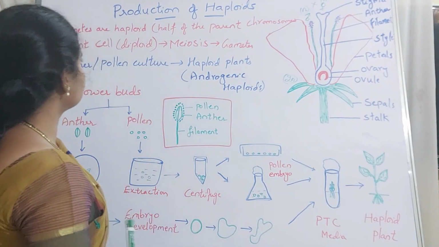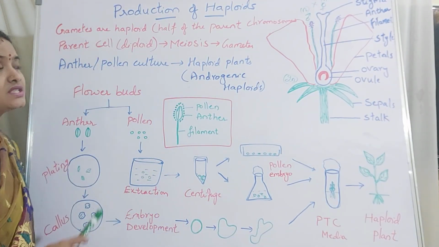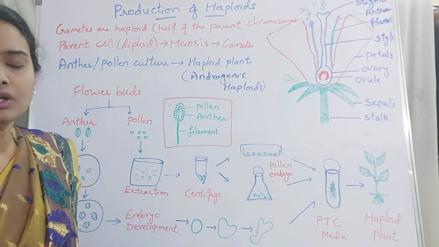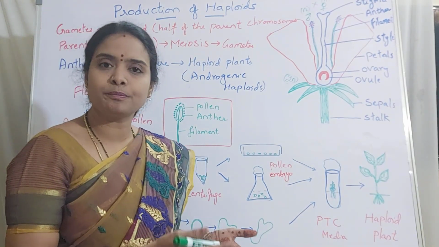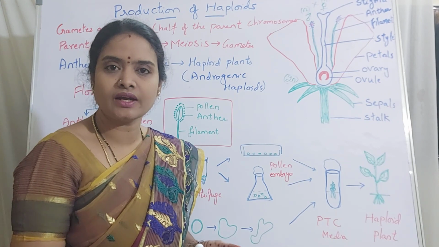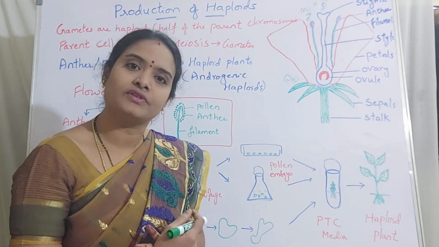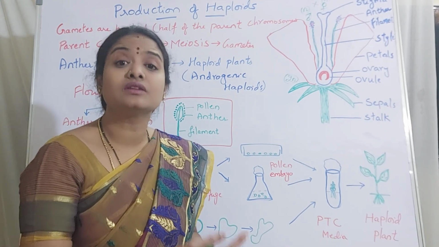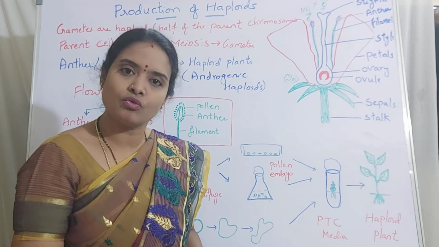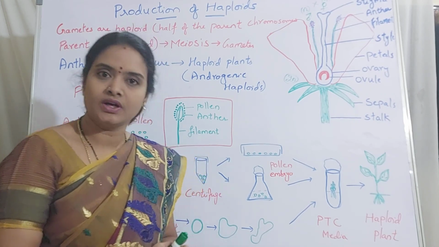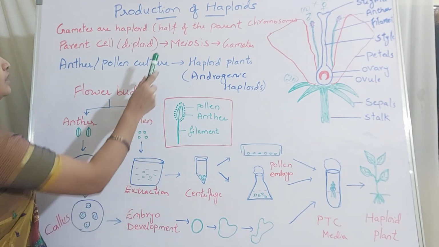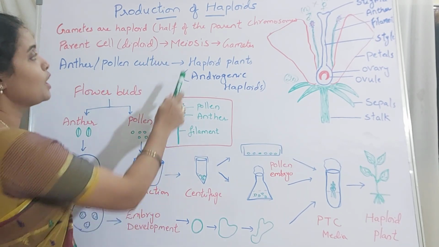Let us see first, these gametes are haploid. As I told, the parent consists of a diploid number of chromosomes. Both the male and female consist of a diploid number of chromosomes, but the gametes consist of only one set, that is, the haploid number of chromosomes. That is because of the reduction division, that is meiosis.